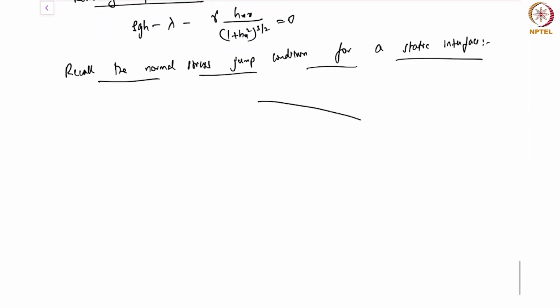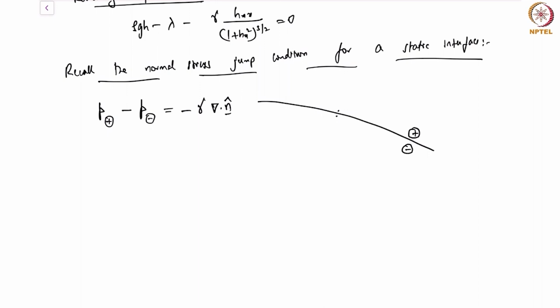If we consider an arbitrary interface like this, where we have the lower side, let's call it minus, and the upper side we call it plus, then the condition was that the pressure on the upper side minus the pressure on the lower side at the interface, meaning I'm just considering 2 points across the interface, this would be minus gamma times del dot n, where n is the normal vector, right?